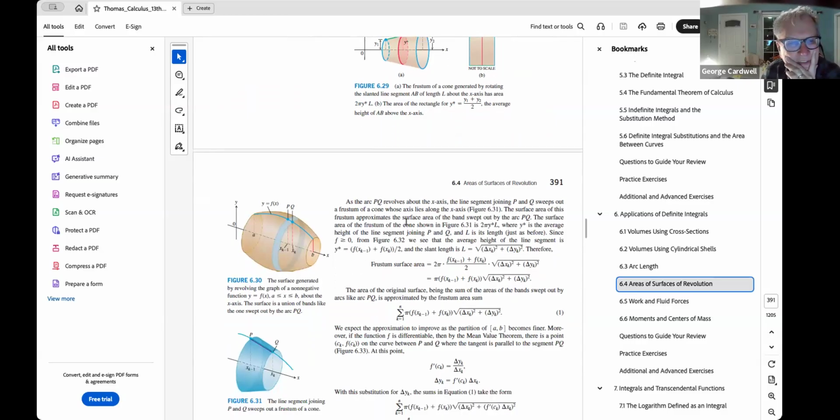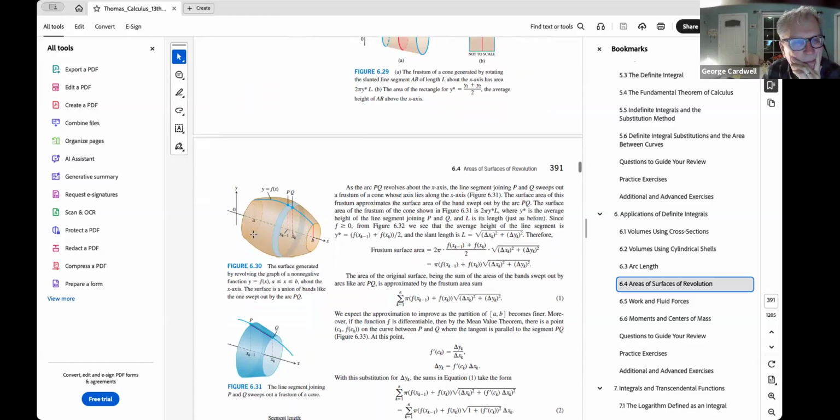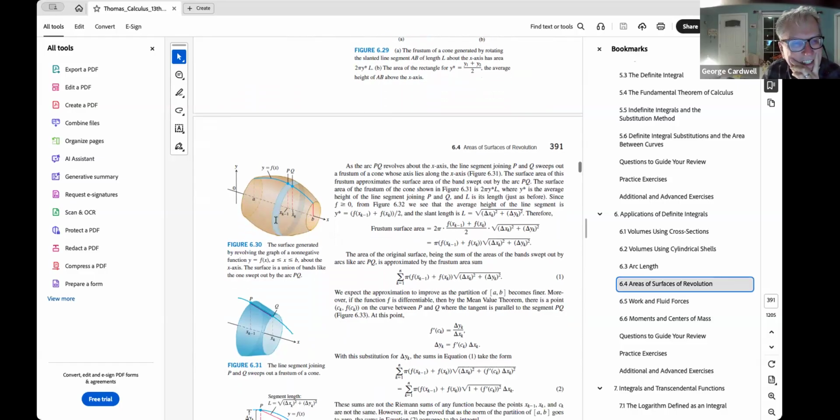The way you derive this is you take your curve and rotate it around, and you get this weird shape. I'm going to divide my x-axis into intervals and look at one piece, which is right here.